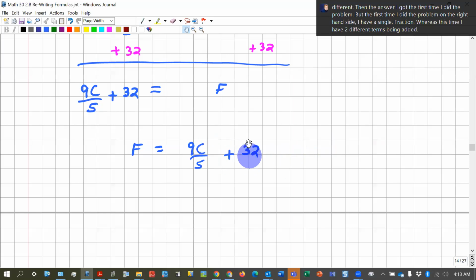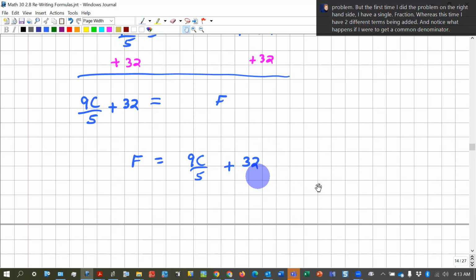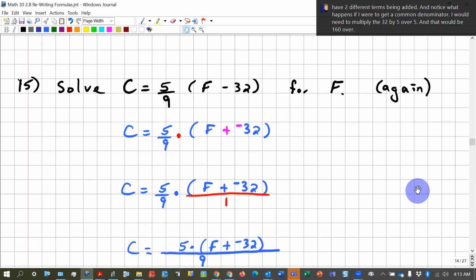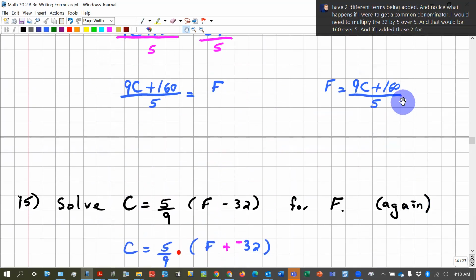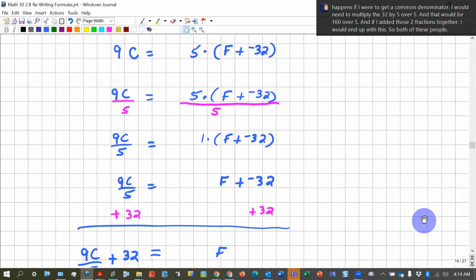And notice what happens if I were to get a common denominator. I would need to multiply the 32 by 5 over 5. And that would be 160 over 5. And if I added those two fractions together, I would end up with this. So both of these people are correct.